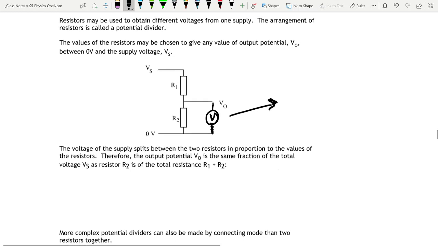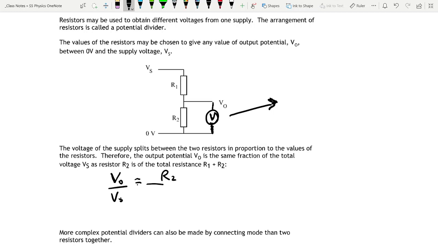The voltage of the supply splits between the two resistors in proportion to the values of the resistors. Therefore, the output potential is the same fraction of the total voltage, Vs, as the resistor R2 is of the total resistance. In other words, V out divided by the supply voltage is equal to the resistor that you're measuring the voltage out across divided by the total resistance.